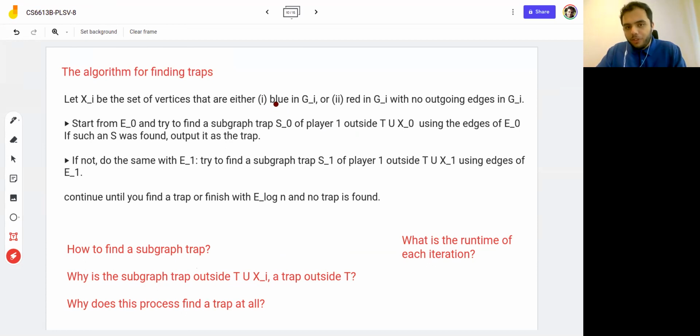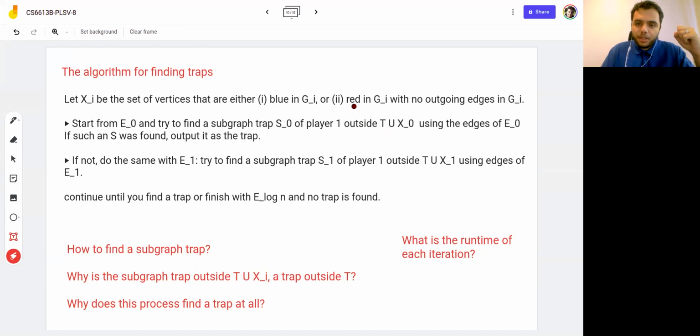So basically, if player 1 can get to this vertex, then he can exit the subgraph Gi, and I don't want that. I want to basically trap player 1 inside of the subgraph Gi and also away from the target set T. So I definitely don't want player 1 to reach a blue vertex.